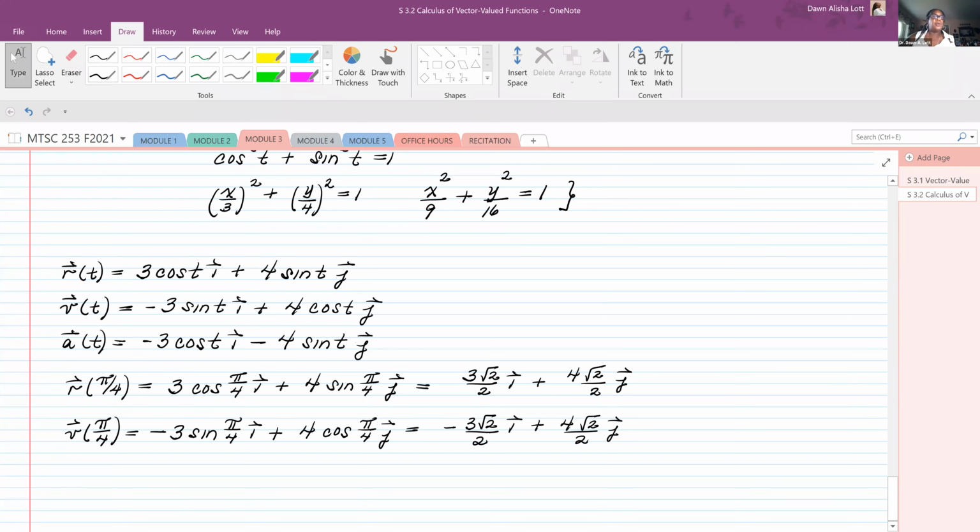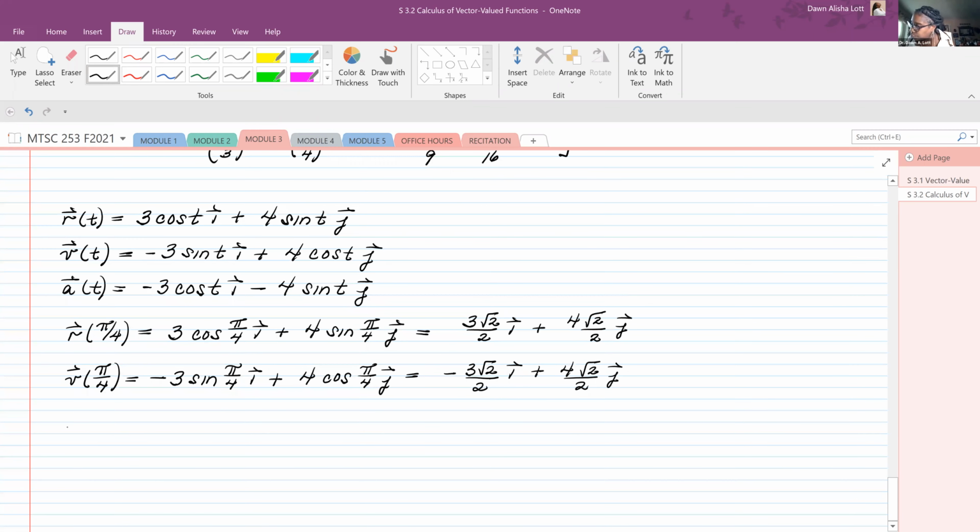Let's find nu while we're right here. So nu of pi over 4 is to take the square root of 3 root 2 over 2 i, well, that's squared, plus 4 root 2 over 2 j, squared.